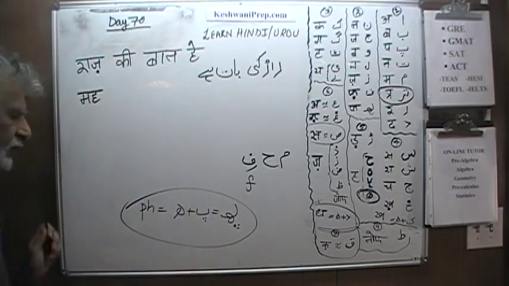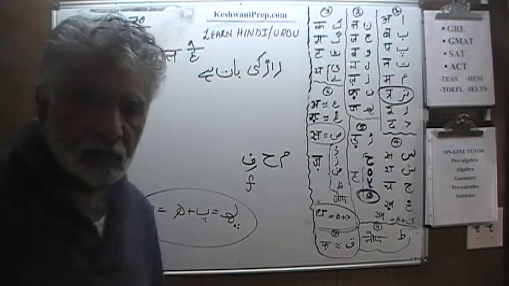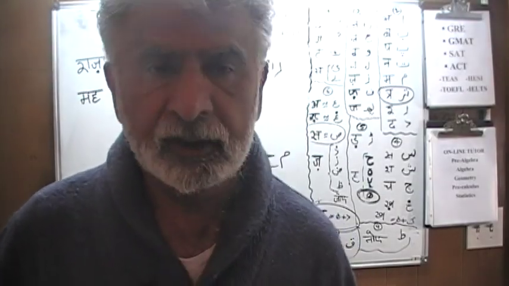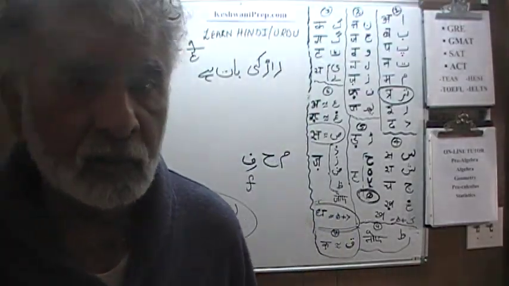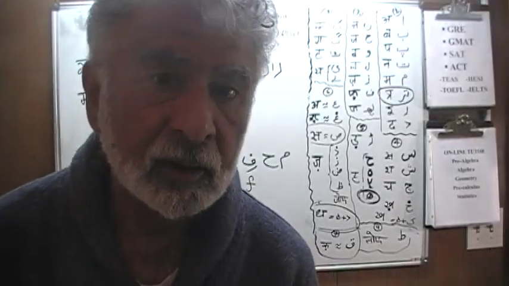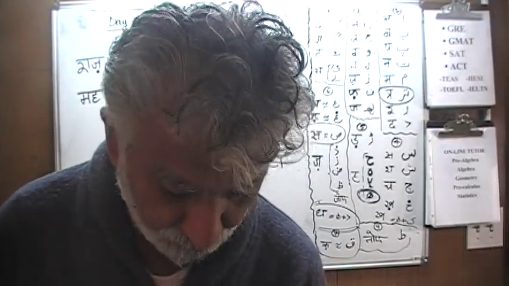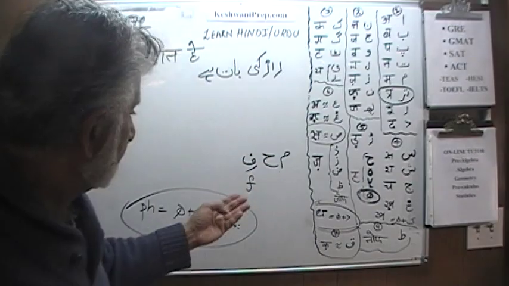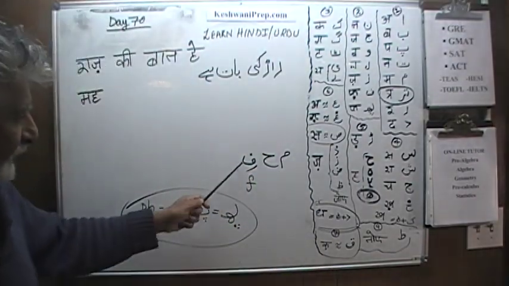The spelling of some words calls for PH, and the spelling of some words calls for F, just like in English. You have to know how to spell phone. Do I spell phone with a P, or with P and H, or with an F? You have to know the spelling. This is F. This is Fe.